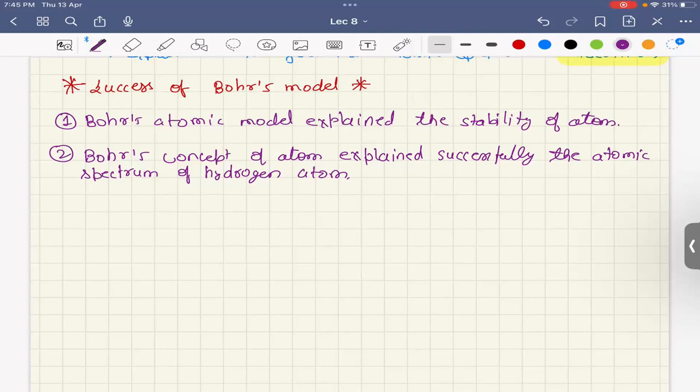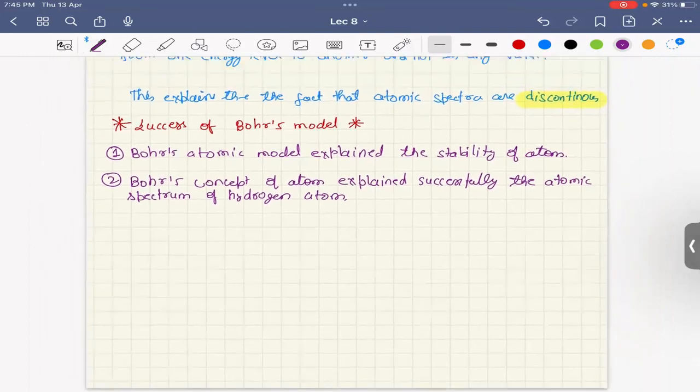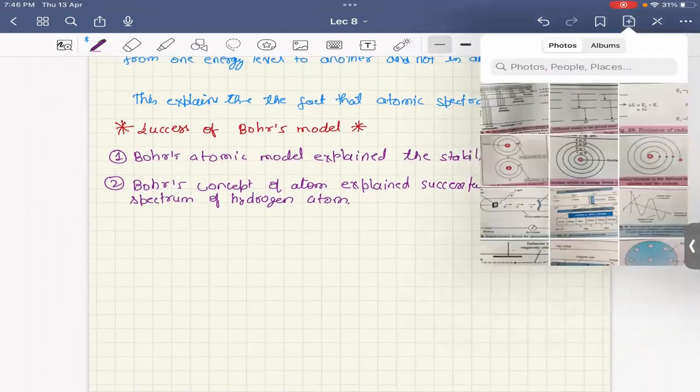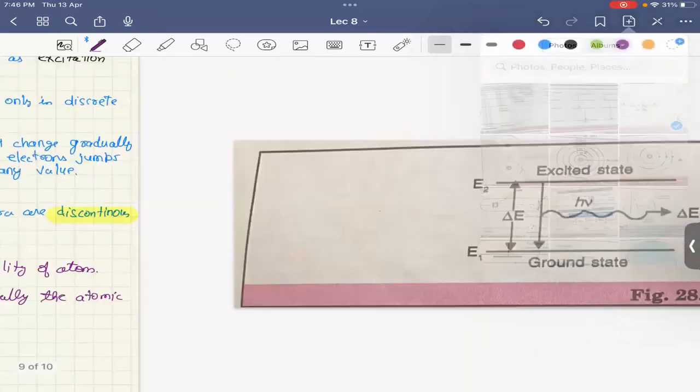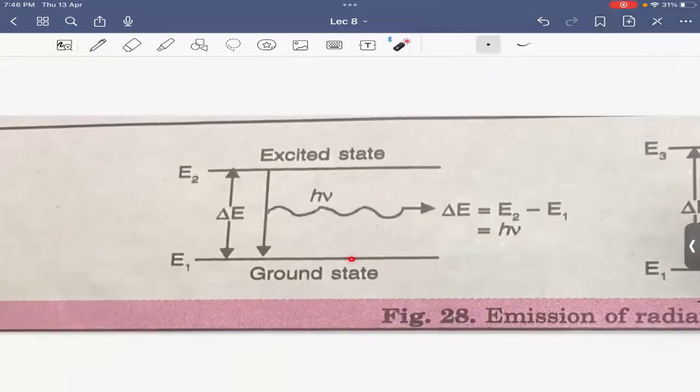And this transition, that is, change from upper to lower energy level, occurs with a jump, and energy is emitted in the form of a quantum equal to the difference in energies between the two levels. In order to understand this, let us draw an image. Let's say this is the ground state energy, and this is the excited state energy.